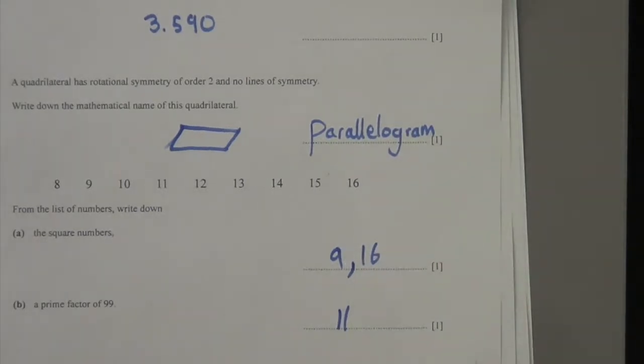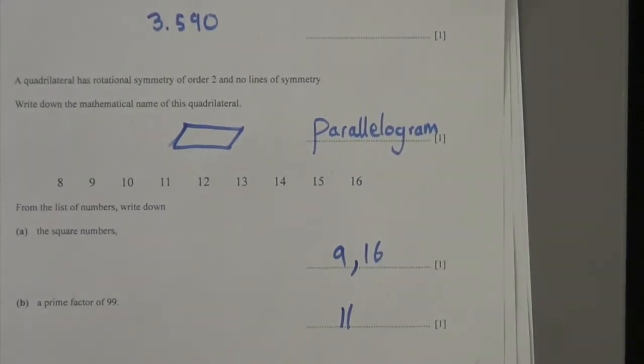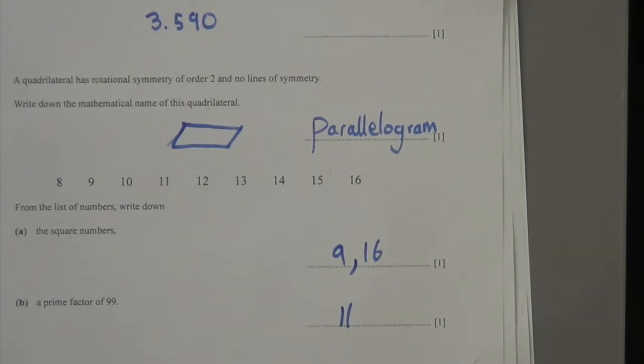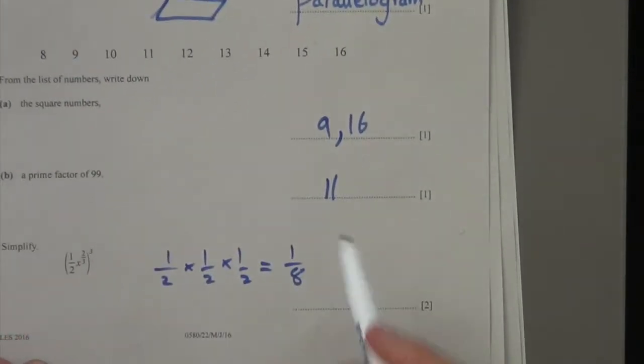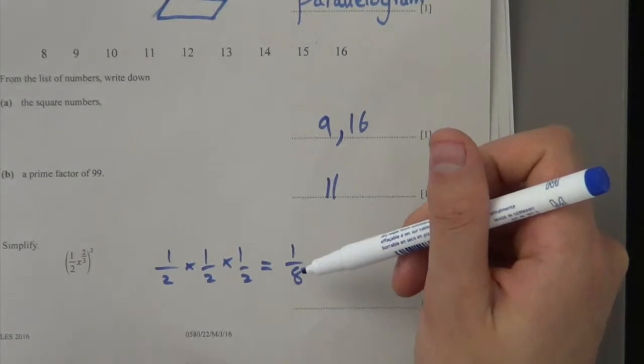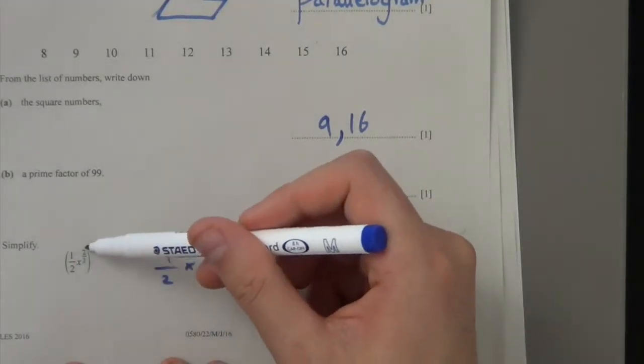Okay, next question. We need to simplify this. Well, basically we can do a half cubed. So we do a half times a half times a half. That gives us an eighth. Okay, 2 times 2 times 2 gives us an eighth. Okay. Then, what do we need to do to the x to the power of 2 over 3?